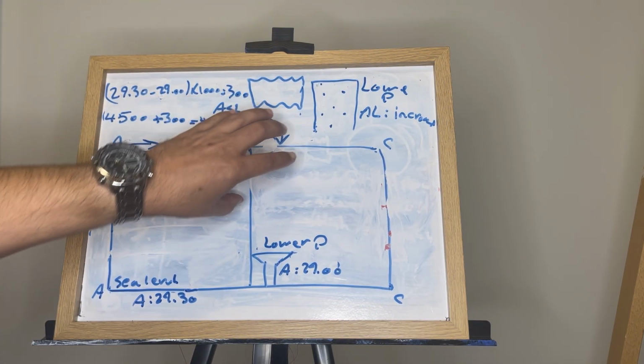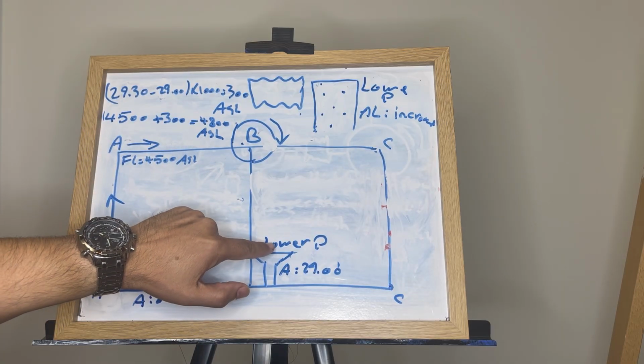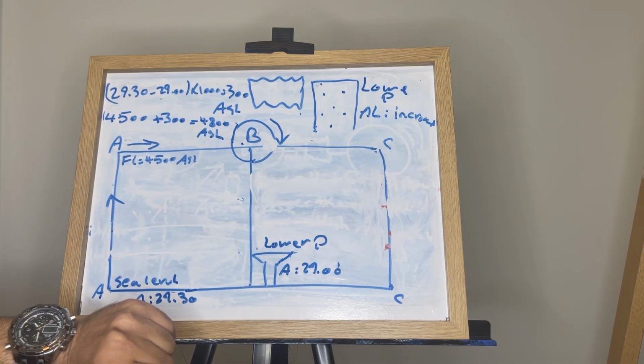The altimeter automatically increases to 4,800 feet because you are at lower pressure.